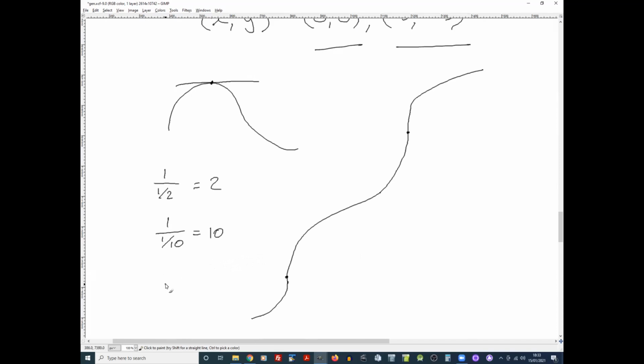So as the denominator gets closer and closer to 0, it increases in size. Yes.